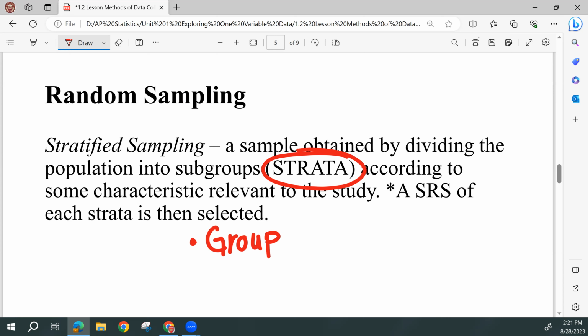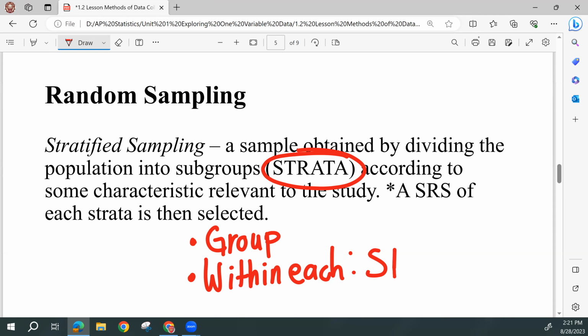And then within each group, we want to do a simple random sample. So if we want to get to our 100-person sample size, we would break the school into freshmen, sophomores, juniors, seniors, 4 strata based on that characteristic of grade level, not necessarily age, but grade level.